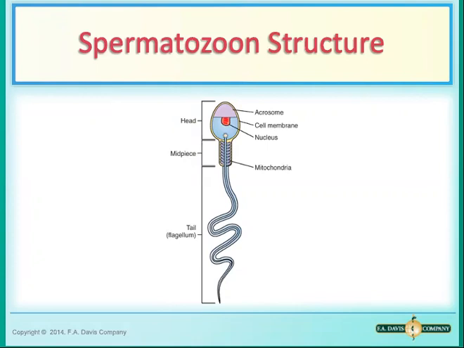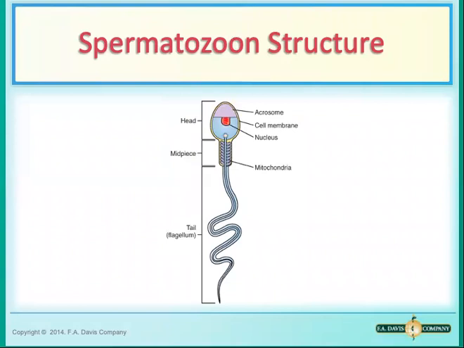So here you have the head, which has the acrosome, the cell membrane, and the nucleus. You have the midpiece that has the mitochondria in it for motility energy, and then the tail.